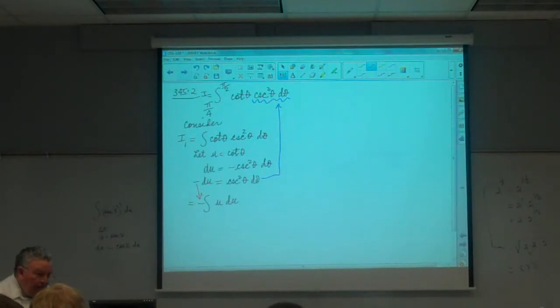Ed, I would have worked differently. What would you have done? Well, cotangent theta is equal to cosine theta over sine theta, and you get cosine theta over sine cubed theta d theta, and let your u be the sine theta. Now we're talking. That's the way I would have done it. I just didn't want to carry them too fast. That's what I'd have done exactly.